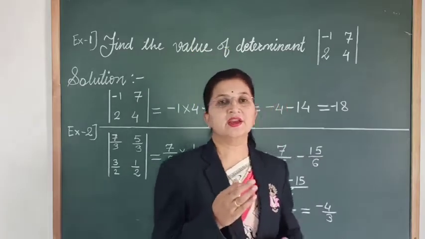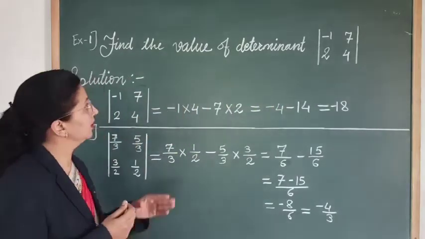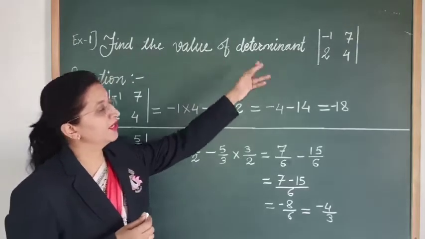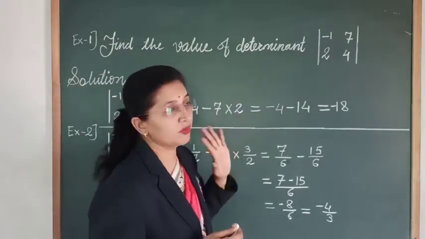Here we have two examples to find the value of a determinant. The first one has the numbers -1, 7, 2 and 4.